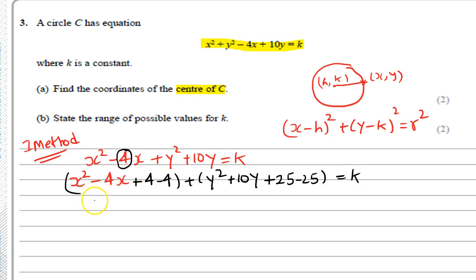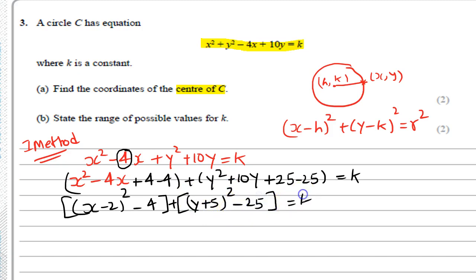So this will be (x minus 2) whole square, and it is minus 4. Let's write it in a bracket, and there is a plus sign, y square plus 10y, so this will be (y plus 5) whole square, and then it is minus 25 in another bracket, that is equal to k.